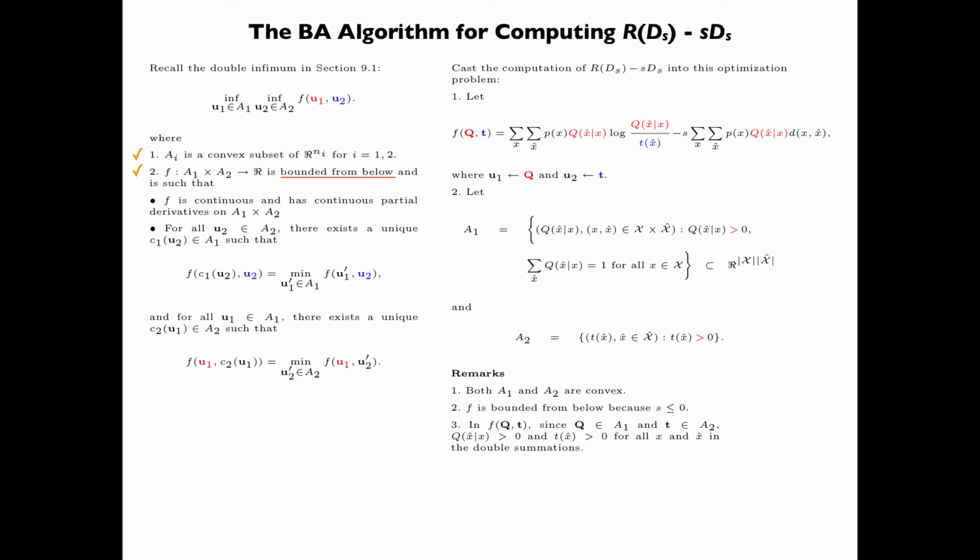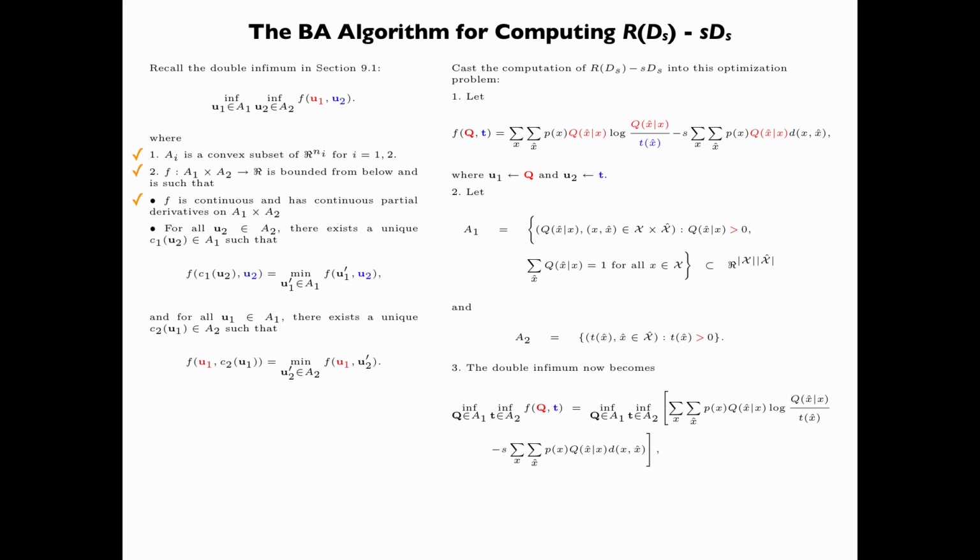In f(q,t), since q is in A1 and t is in A2, q(x hat|x) is greater than 0 and t(x hat) is greater than 0 for all x and x hat in the double summation. Therefore, f is continuous and has continuous partial derivatives on A equals A1 times A2. It remains to verify that f has a unique minimum when one of the components is fixed. We will deal with that later.